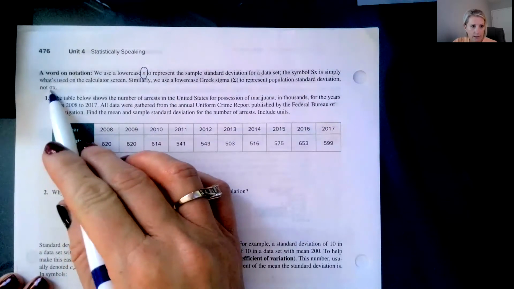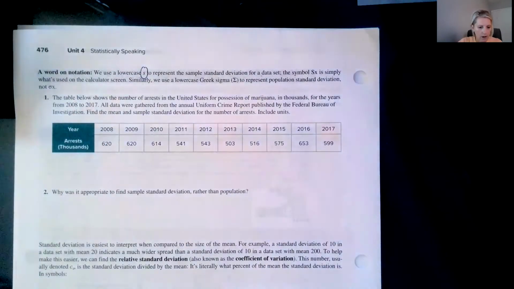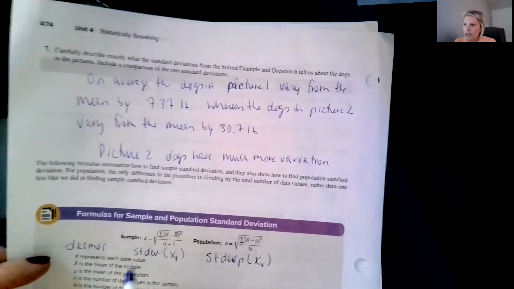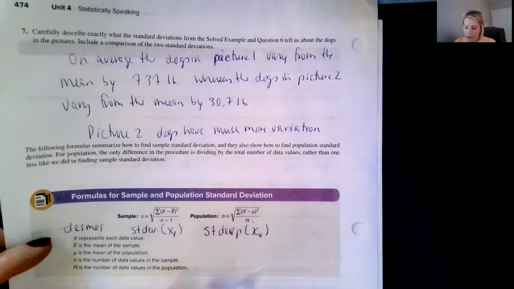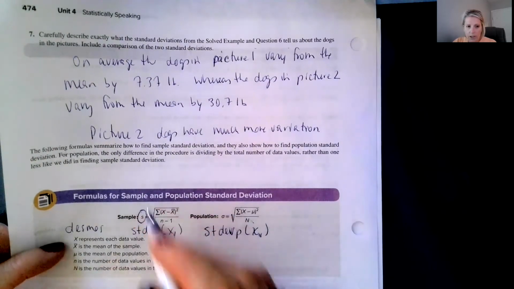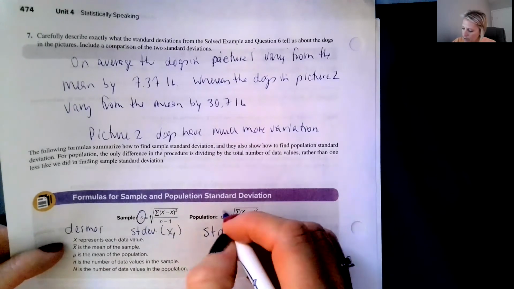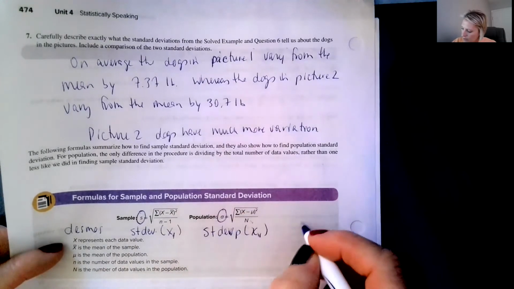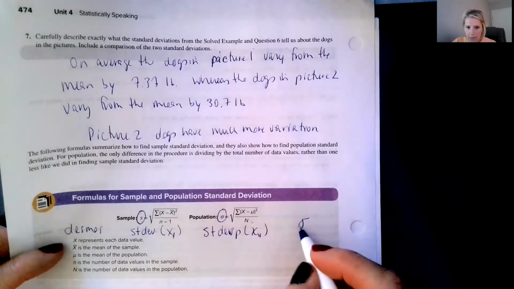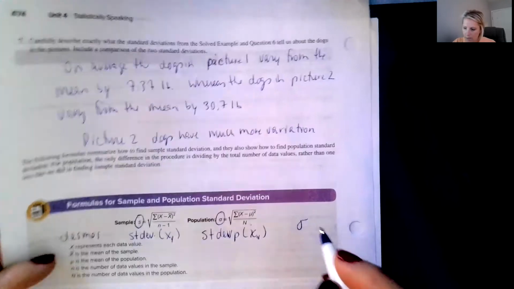So notice that we don't have to worry about that because we're using Desmos. When you talk about sample standard deviation, you're going to show me a little s. When you talk about population standard deviation, you're going to use this. It looks like an O with a little tail at the top. It's called sigma.